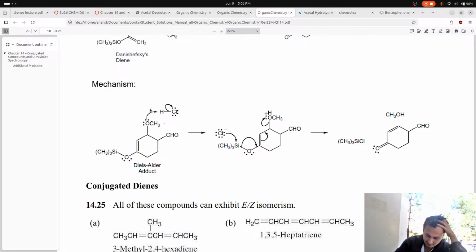Okay. And then we get the aldehyde. But that's not even. Oh, wait, that's kind of cool. Oh, and this pops off? That's actually crazy. So it makes methanol.